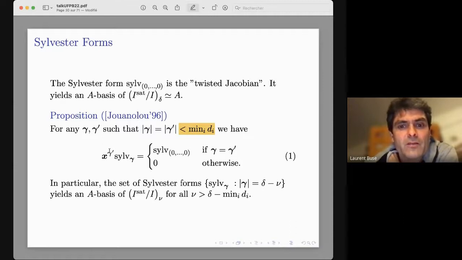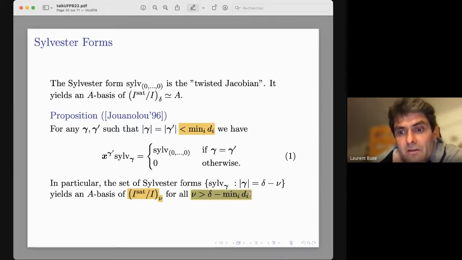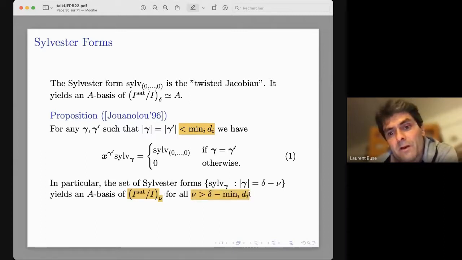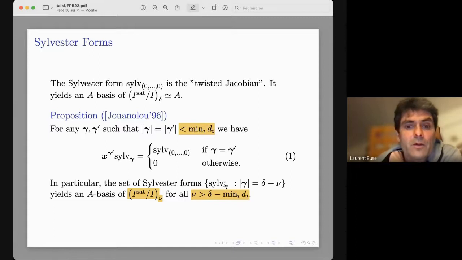So you see the pairing, if gamma prime is not equal to gamma, you get 0. If gamma prime is equal to gamma, then you get the generators of Isat mod I in degree delta. So this is a nice pairing, and this proves in particular that Isat mod I in degree nu, for all nu in this range up to delta minus the minimum of the di, is generated by the set of Sylvester forms. So the Sylvester forms form a basis of your Isat mod I in degree.